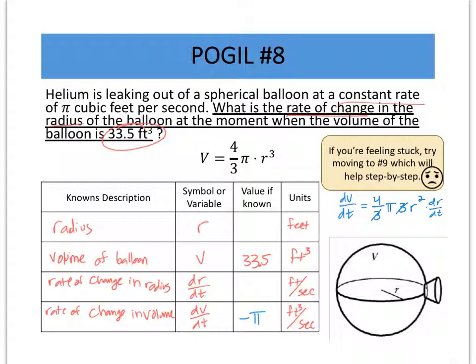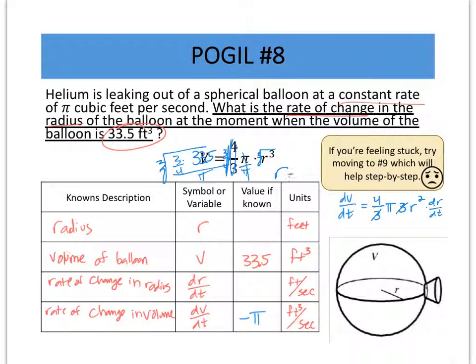All right, now it looks like I do need the radius of this guy. And how do I find the radius at a certain point in time? Well, I've got a formula for it. If I know the volume is 33.5, all I need to do is solve for the radius. When I solve this, I multiply both sides by 3/4, those cancel out, divide by pi, that goes away, and I take the cube root to undo this r cubed.